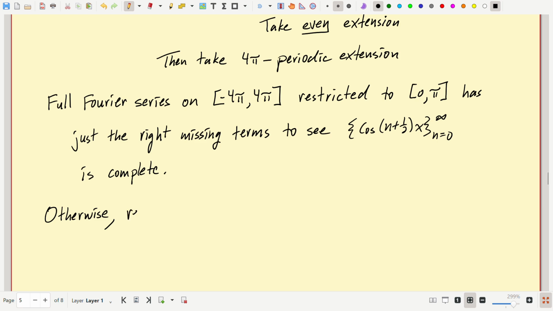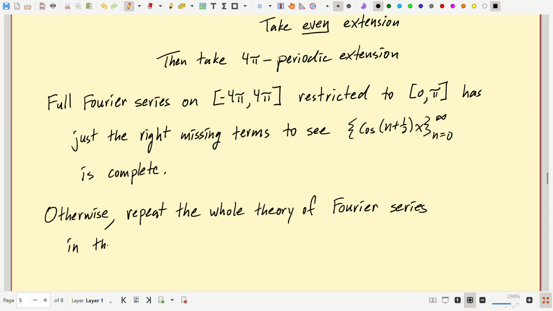It's kind of a repeat of the whole theory of basic Fourier series in a more general context of Sturm-Liouville problems.